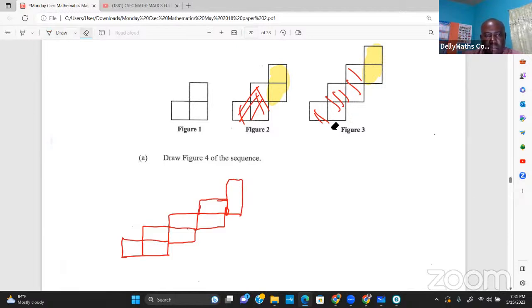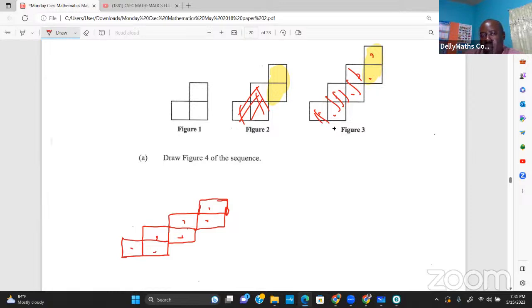Hold on. No, figure 1 is this. All of this is figure 3. Count off the things. Take a look. 1, 2, 3, 4, 5, 6, 7. That's figure 3. So what you're going to do now is look at how they add these.